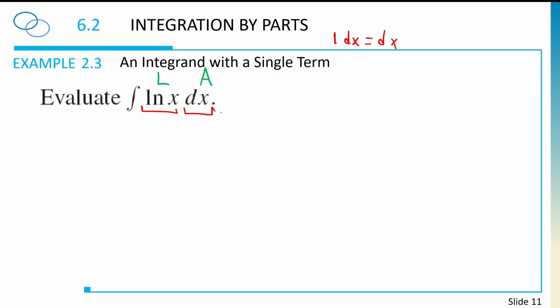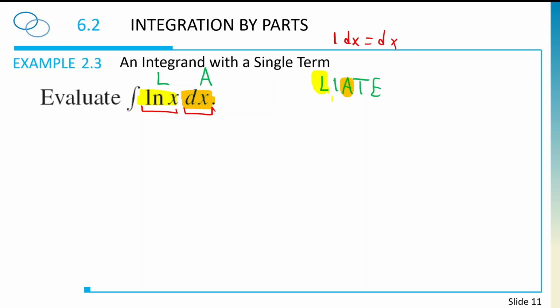Now, if I think about our rule, which is LIATE, which I need you always to think about, the two letters available here are L and A. This is A, and I have L, the logarithmic function.